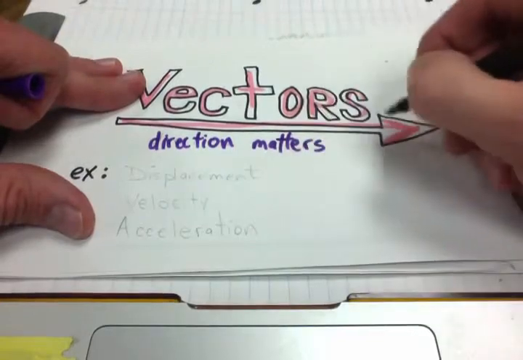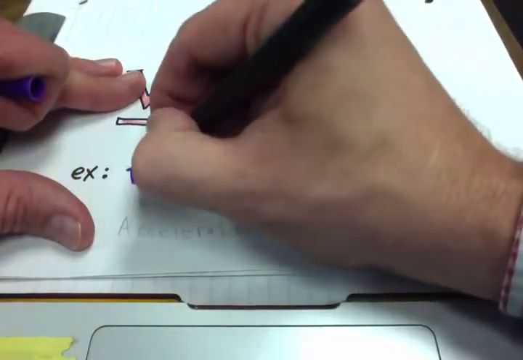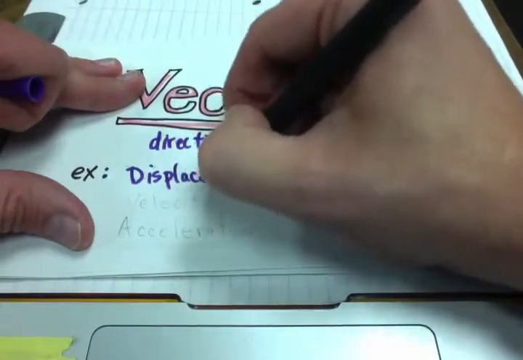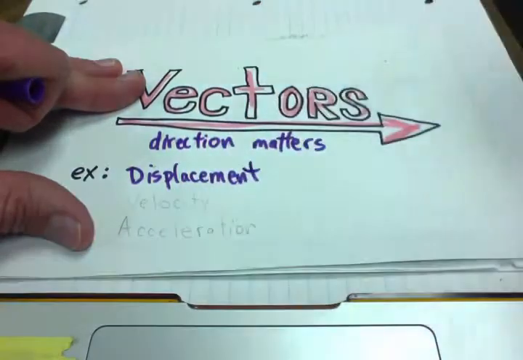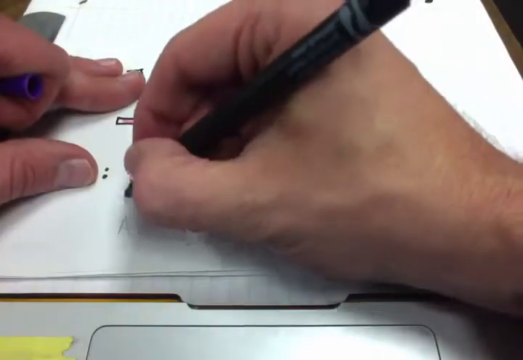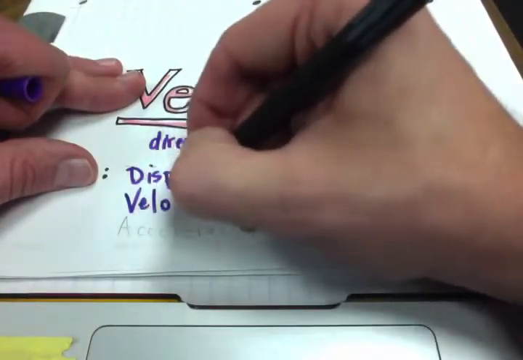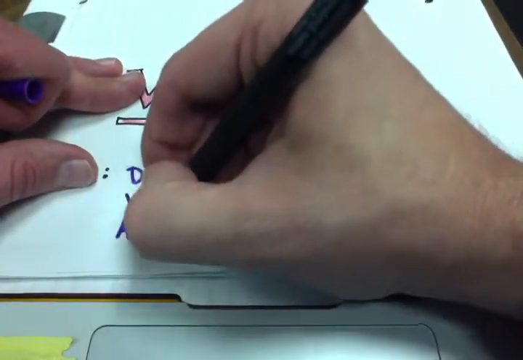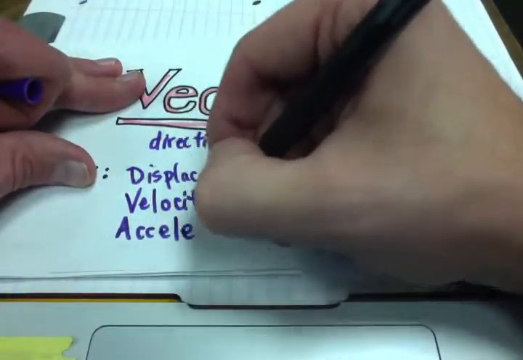Right now, we've introduced the idea that displacement, or change in position, things could go forwards or backwards. A lot of times we'll say it goes positive direction, negative direction. But any measurement or any value that depends upon displacement is also a vector.